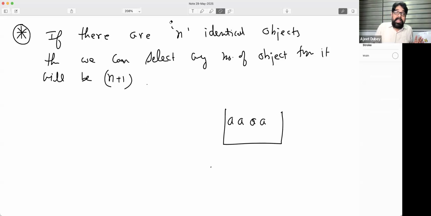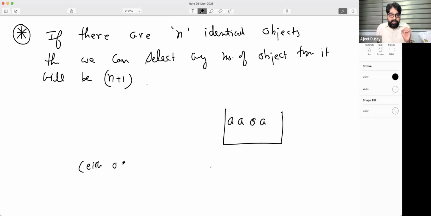Now, if I ask in how many ways I can select any number of letters, either I will select 0 letters, or 1 letter, or 2 letters, or 3 letters, or 4 letters.